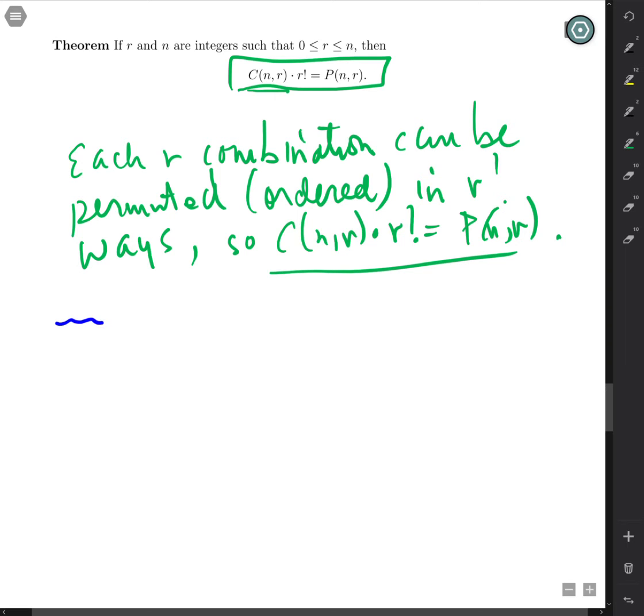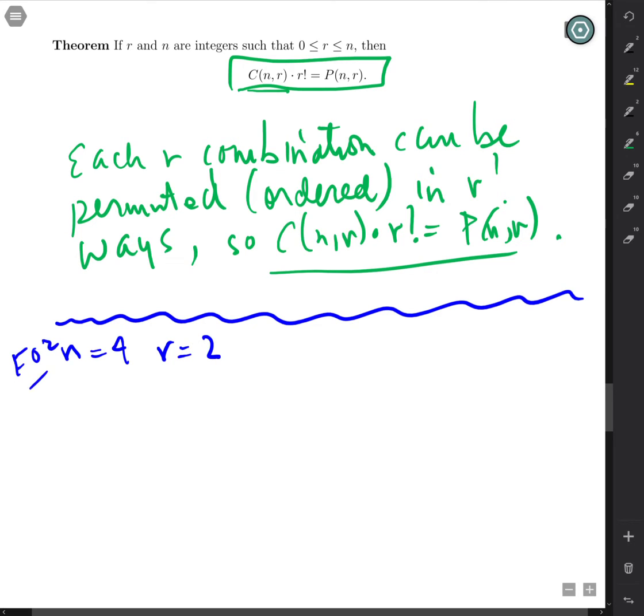So for example, just to recall, if we took n is equal to 4 and R is equal to 2, we can imagine a set of 4 things, say A, B, C, D, as we often do, and list the 2 combinations, or 2 collections.